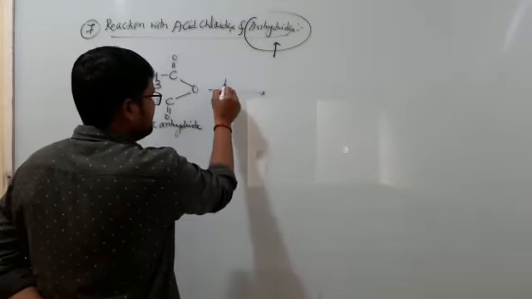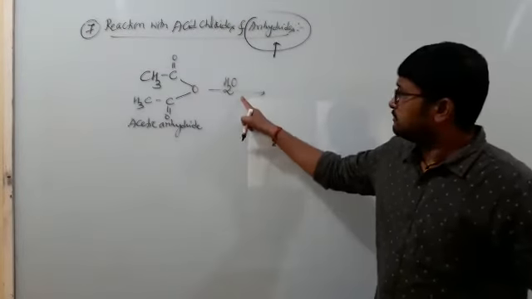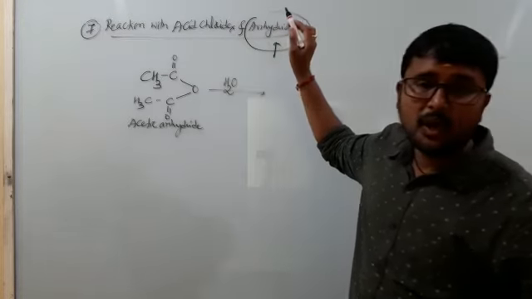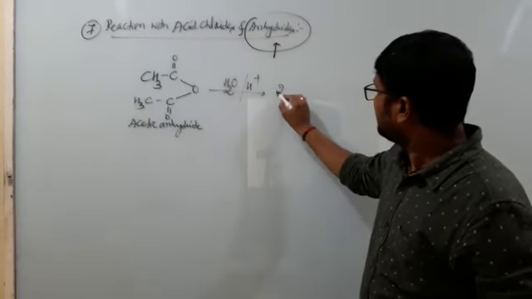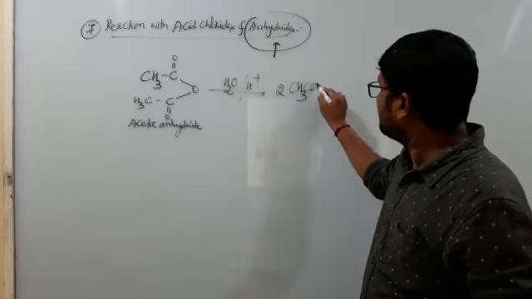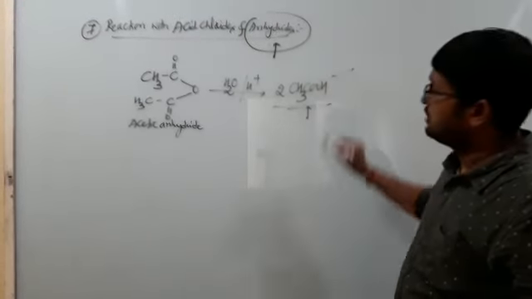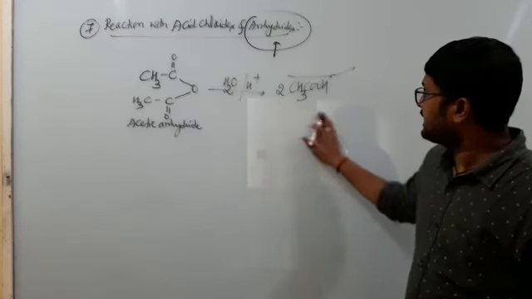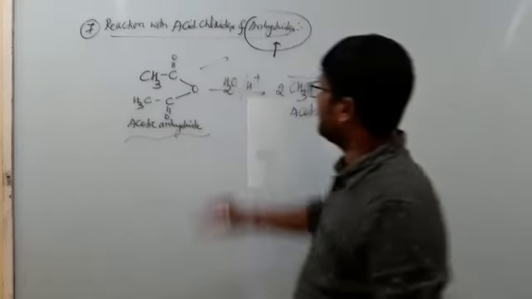When an anhydride is subjected to hydrolysis directly, or to acid hydrolysis, we are going to get 2 moles of acetic acid. It's not benzoic acid, sorry, it is a carboxylic acid: 2 moles of acetic acid as the major product when acetic anhydride is subjected to hydrolysis.